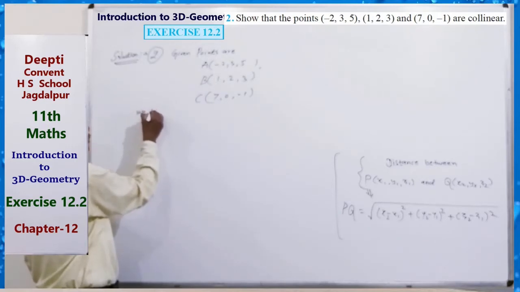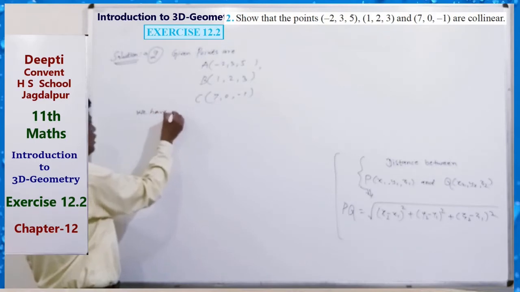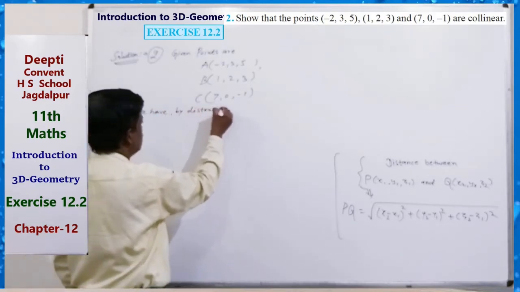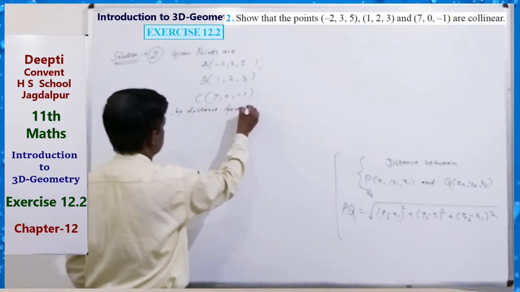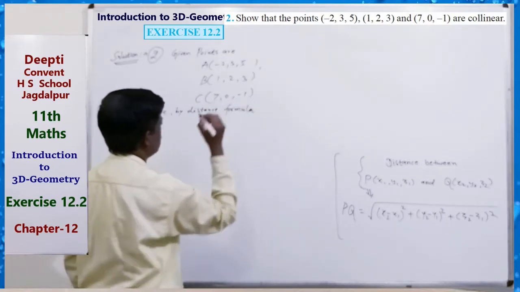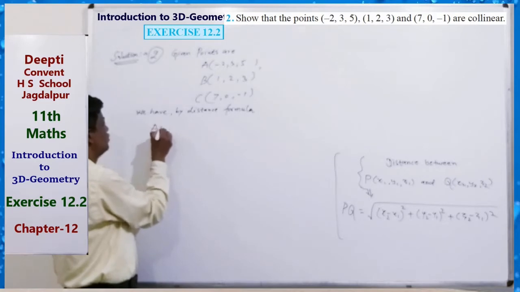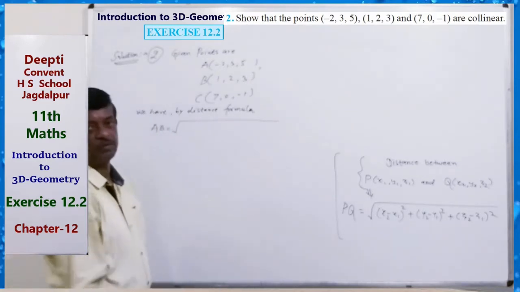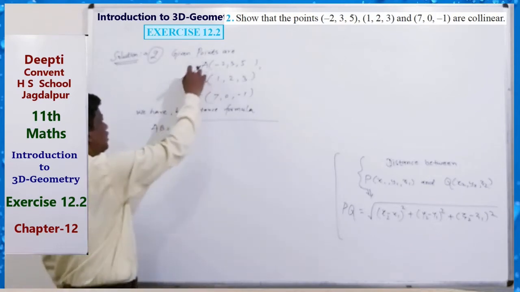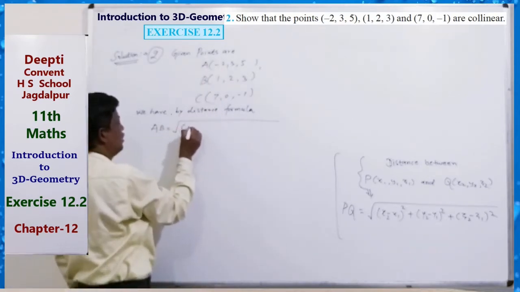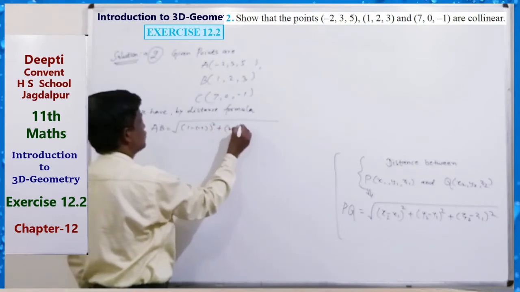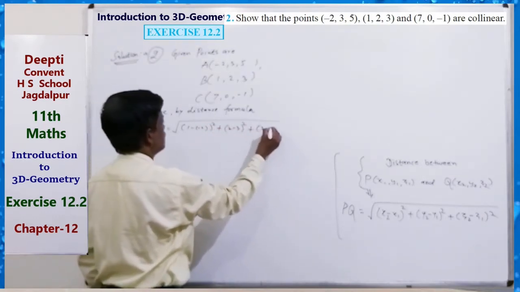By the distance formula, AB equals the square root of (1 minus minus 2) square plus (2 minus 3) square plus (3 minus 5) square.